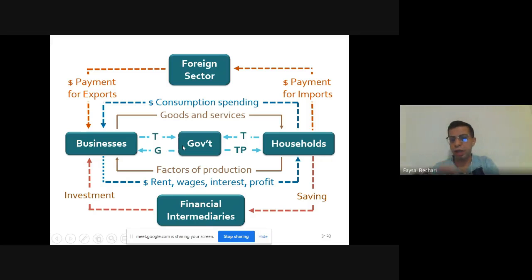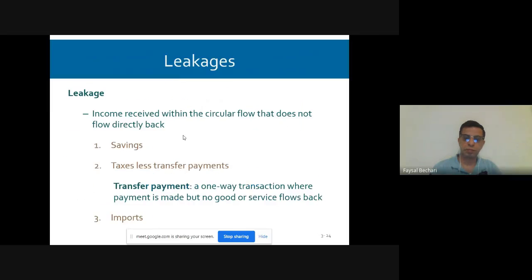In the case of the government, when they're collecting tax, they are taking money out, and when they're spending on the household or on businesses, like building roads and all these things, they are putting an injection of money inside.